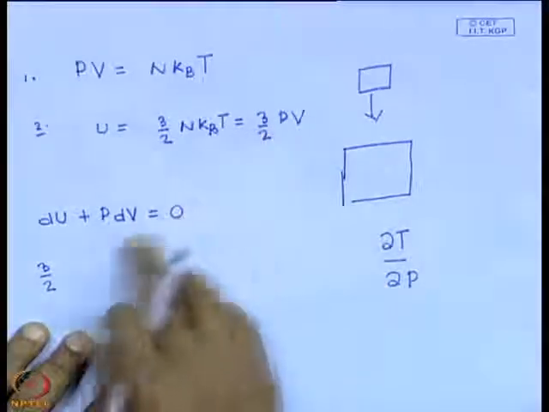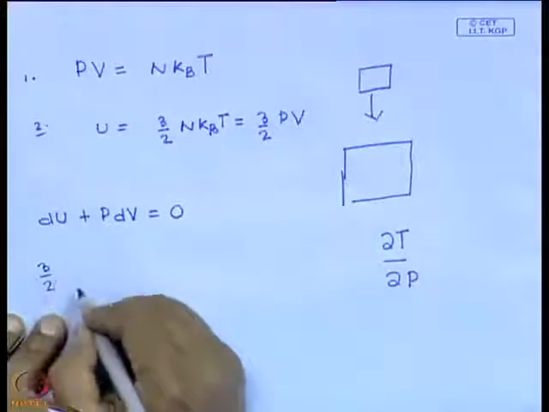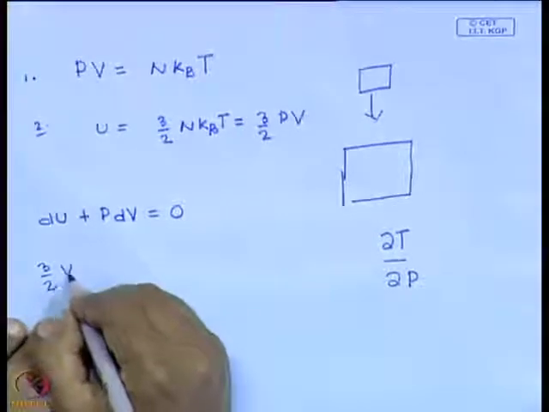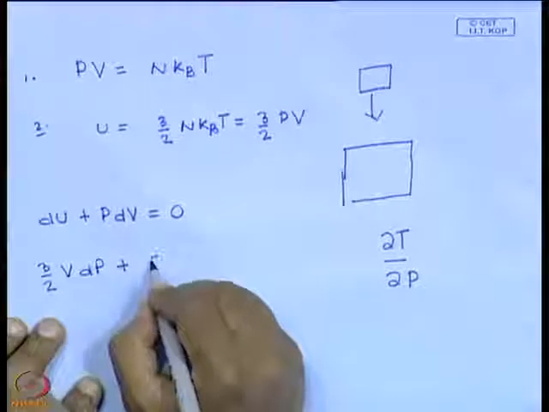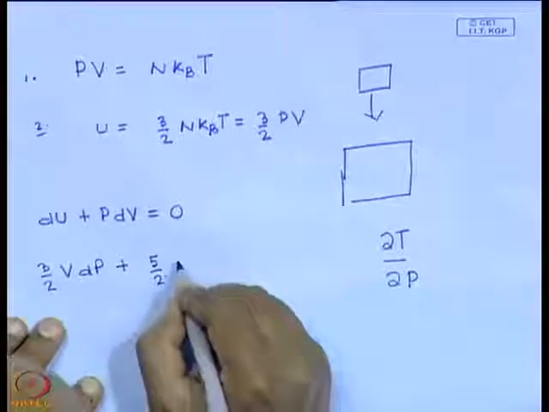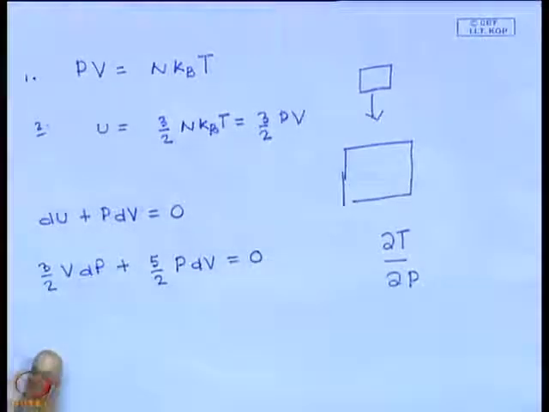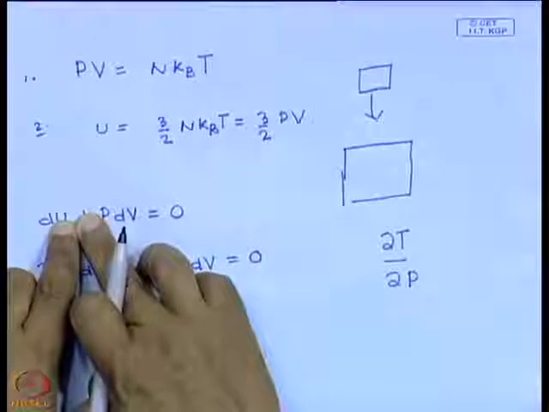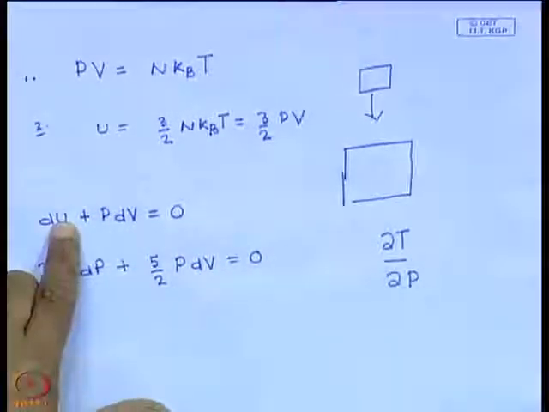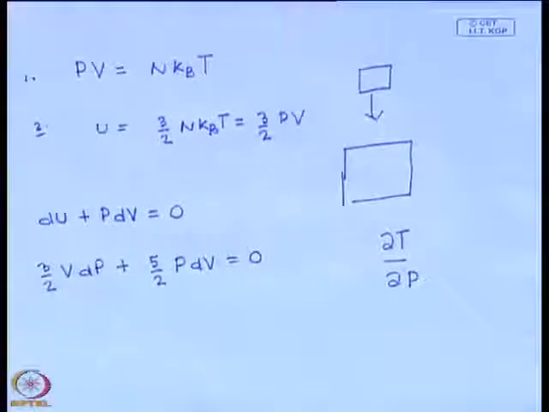The PdV term can be combined with this, so one term will be 3/2 VdP and the other term will be plus 5/2 PdV is equal to 0, right, because one of them I can combine with this and I will get a factor of 5/2.